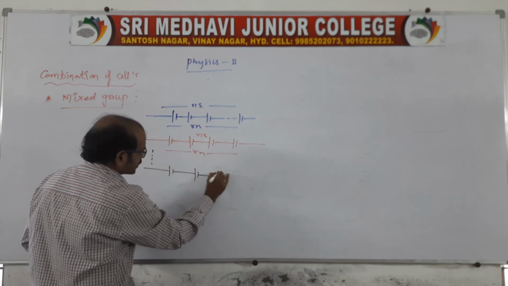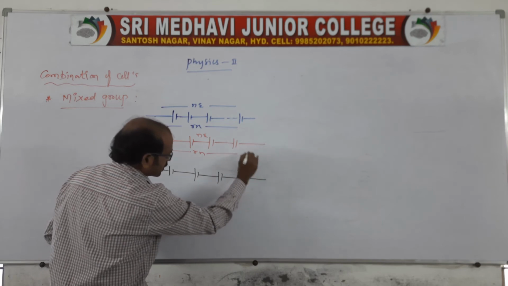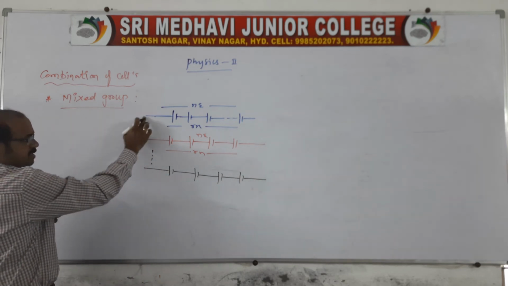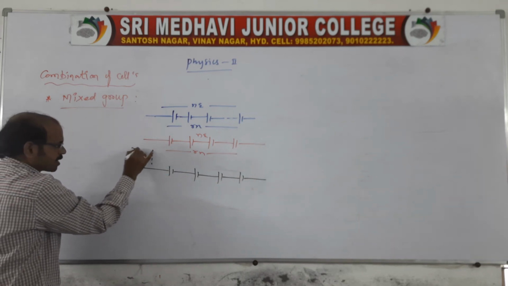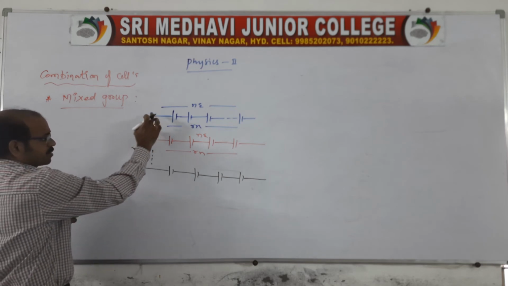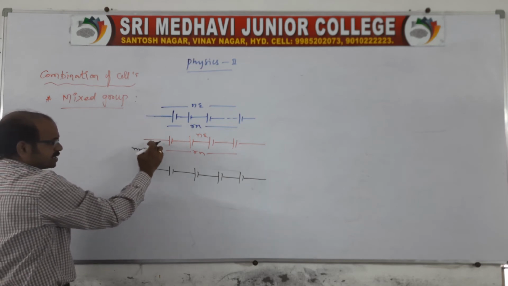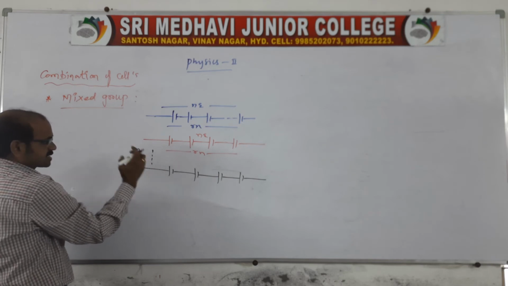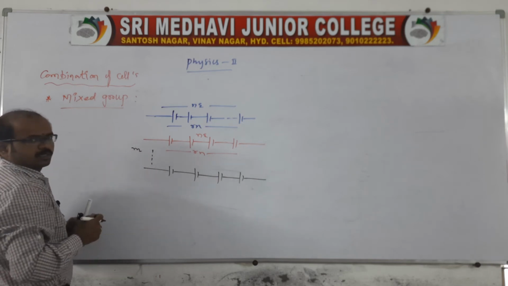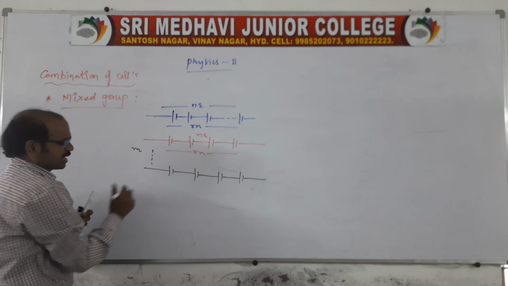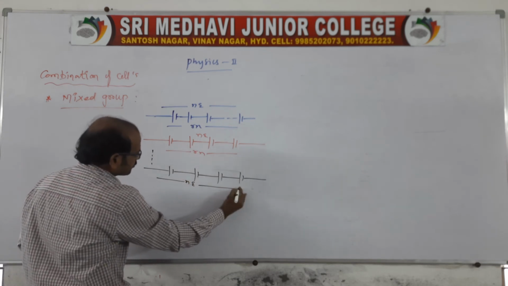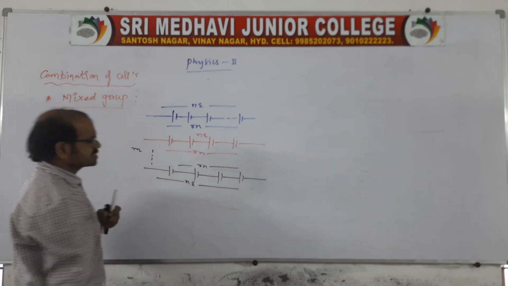There are m rows, m groups numbered 1, 2, 3, 4, 5, 6 up to m. Each has nE as the EMF and nr as the internal resistance.